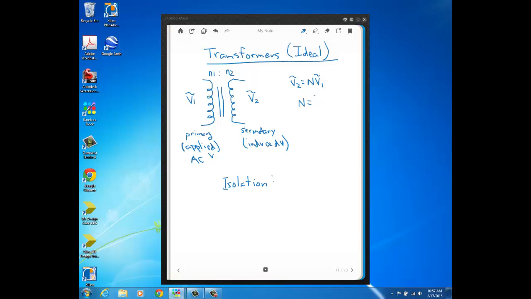N2 represents secondary turns, and N1 represents primary turns. This ratio of secondary turns to primary turns is the turns ratio. This is how the voltage is transformed from the primary side to the secondary side.